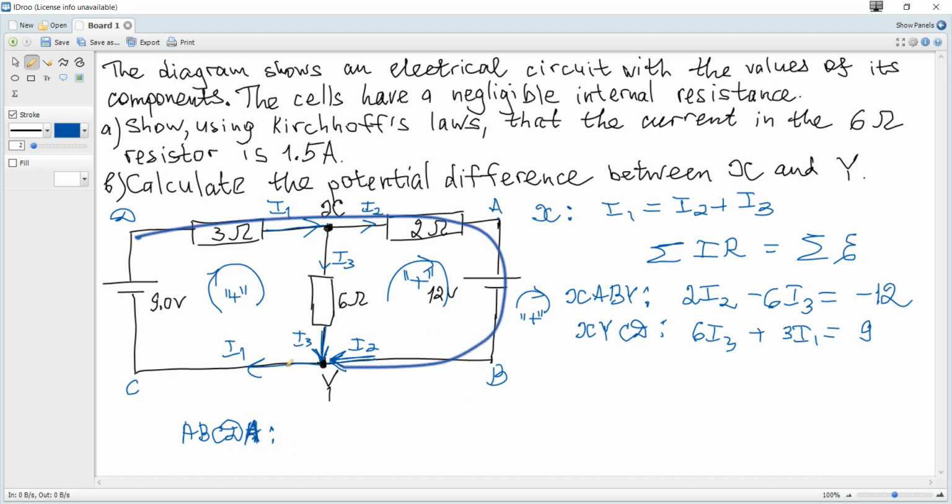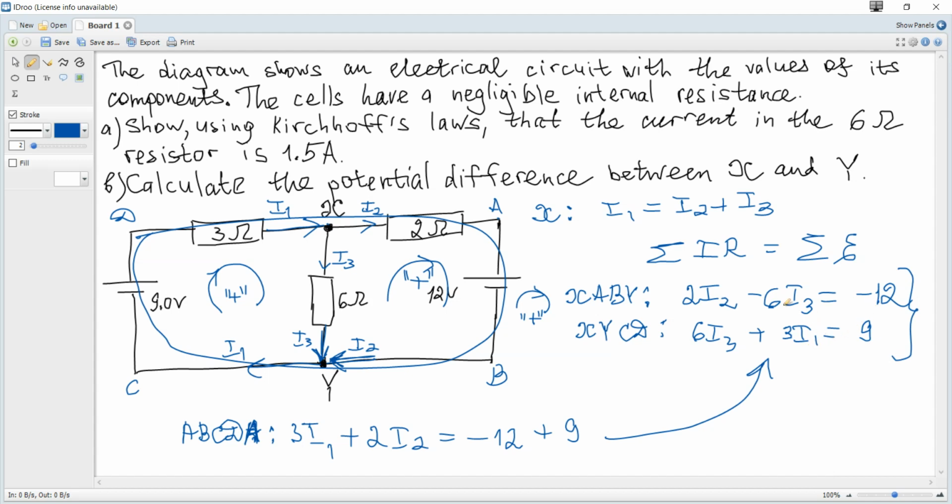So we are moving in this direction. We see the 3 ohm resistor. It's plus because I1 is in clockwise direction, so it becomes 3I1 plus 2I2 is equal to negative 12 plus 9. You can see that it's a dependent equation. If you add both sides of these two equations, you get this equation.